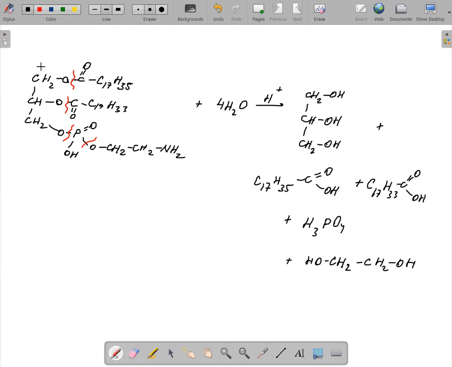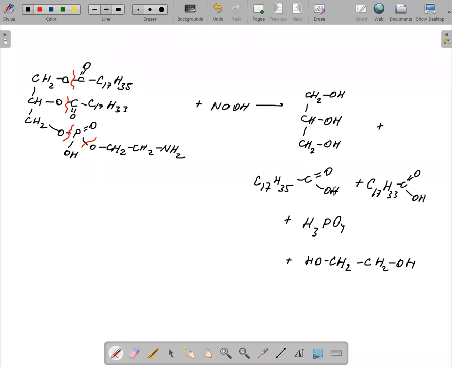If it is the hydrolysis in the presence of a base, the only difference will be the formation of salts for compounds that can react with base. Alcohols cannot. So the product will be glycerol.